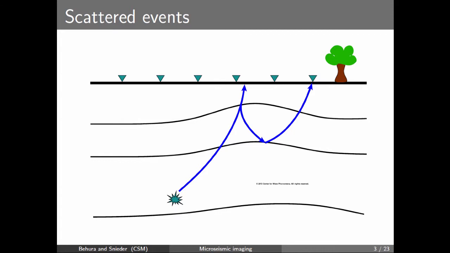So this is what's happening there. You're not only recording the direct arrivals in the data, but also there are scattered events. And so when you image all this together, you're obviously going to get the true microseismic source location, but also these scattered events will be imposters.